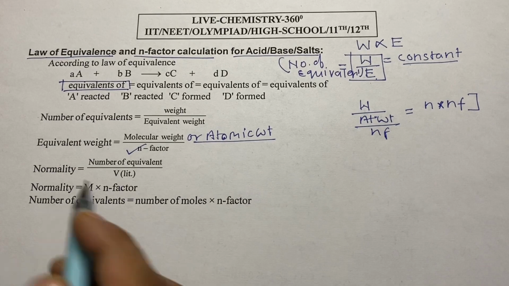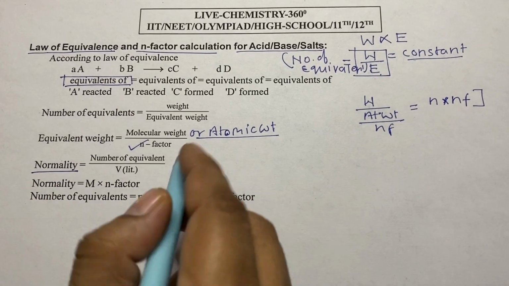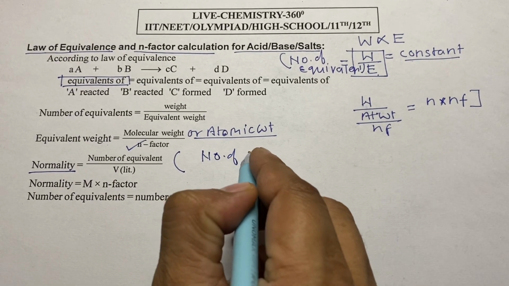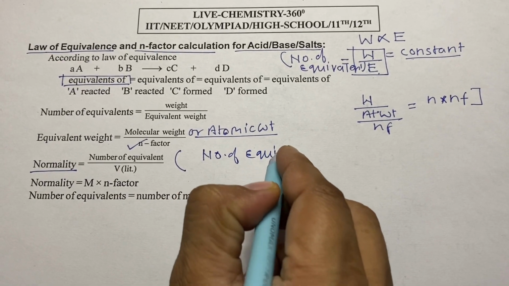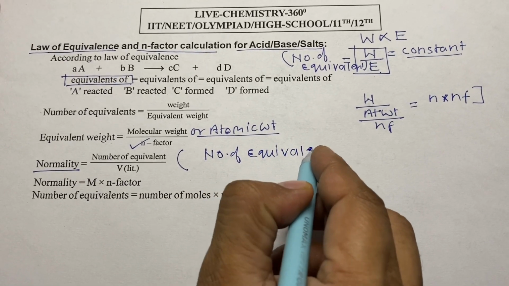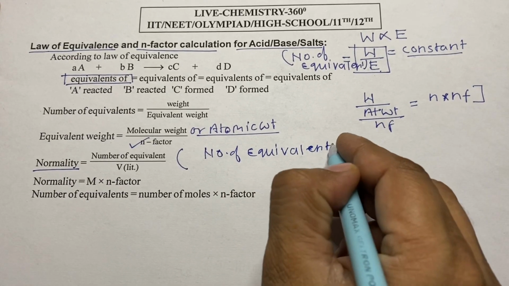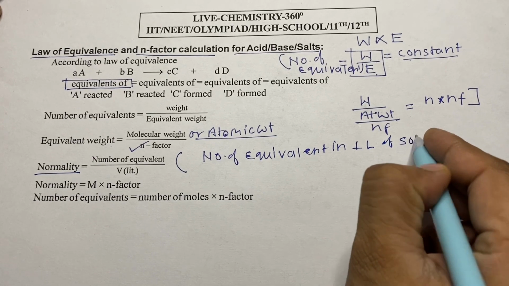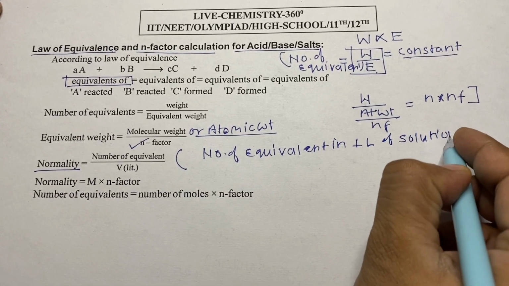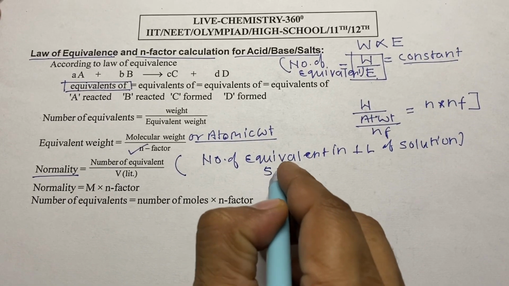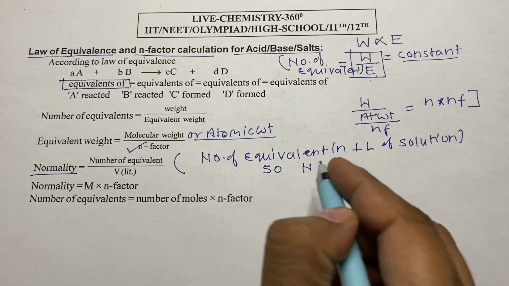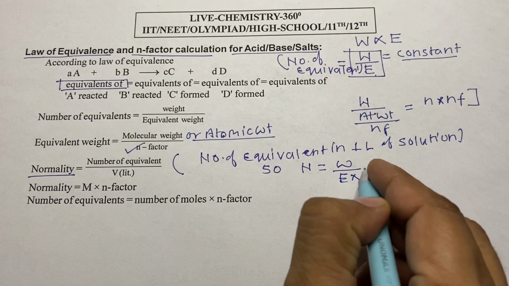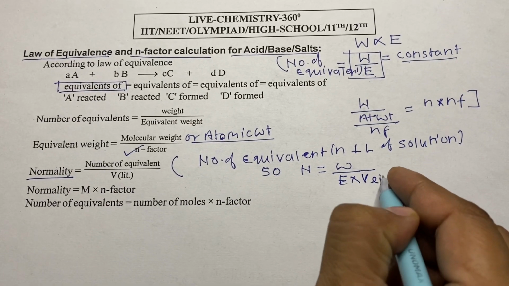Now, we know that normality is the number of equivalents in 1 liter of solution. So we can write normality as W by E divided by volume in liter.